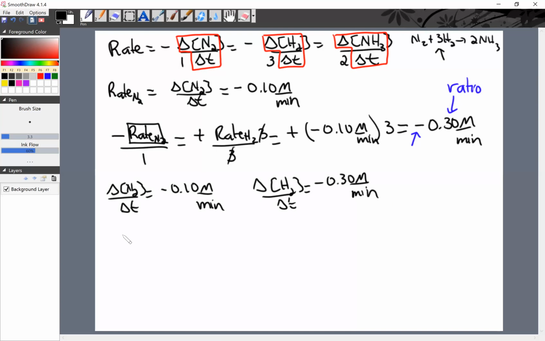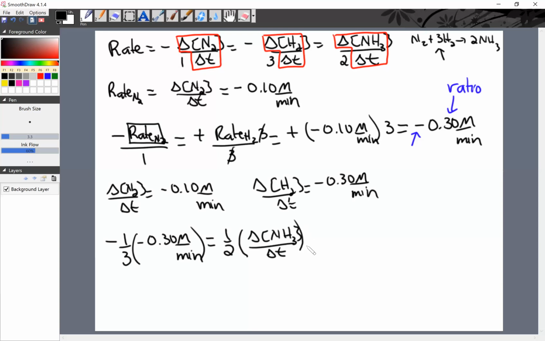So I'm going to take a negative 1/3 times my rate of hydrogen is equal to 1/2 times the rate of ammonia. Now, I wrote it this way just in case that helped you visualize what was going on right here. Because remember, that really is 1/2, and this really is 1/3. So if it helps you to visualize taking those out front, absolutely do that.